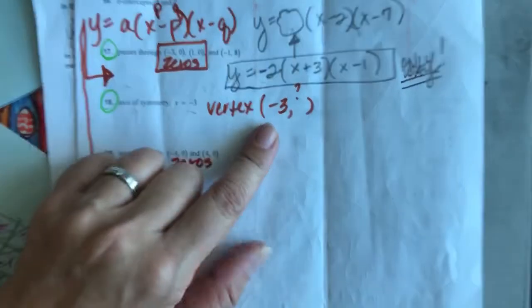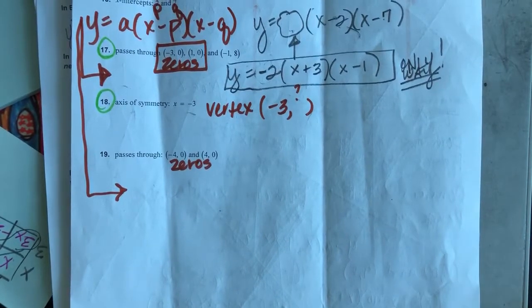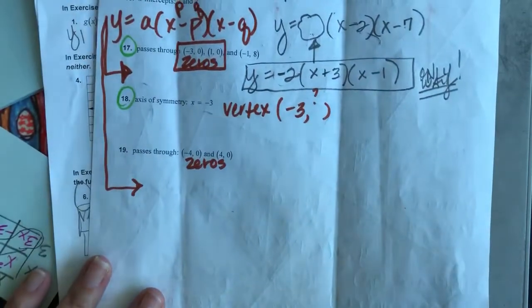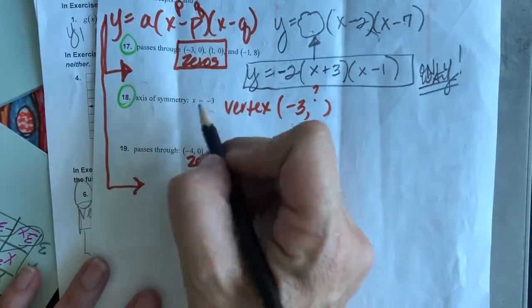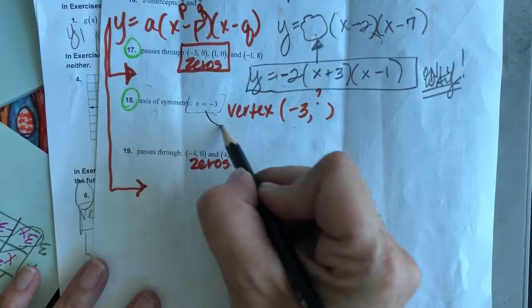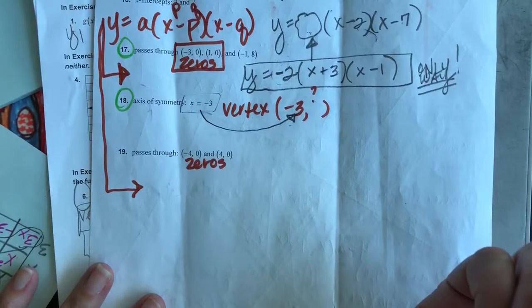Now, with number 18, holy cannolis, number 18 honestly has more ways than anything, because the only thing it's saying is that its axis of symmetry is along x equals negative 3. And I took that information and said all it's doing is giving me a fixed x value of the vertex.